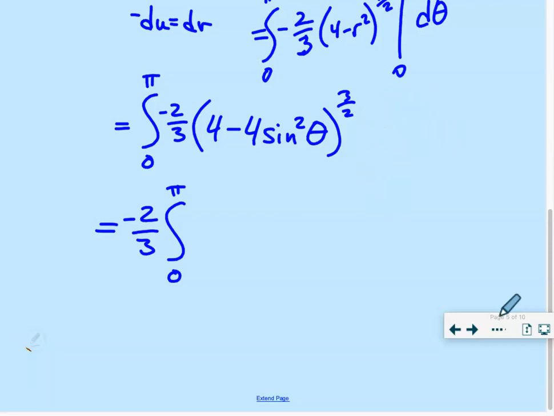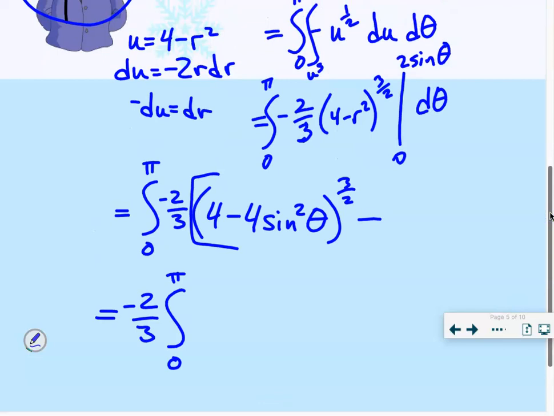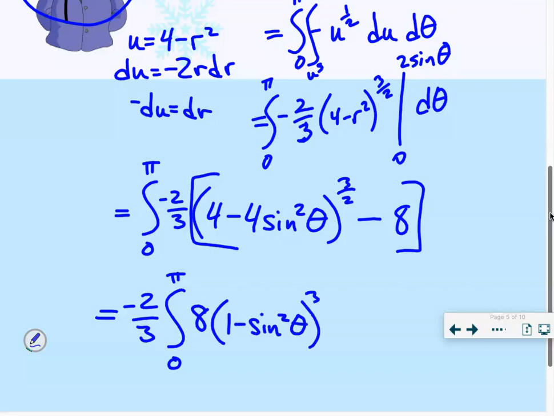You are so right. Okay. Minus, plug in the 0, so you get 4 to the 3/2, which is 8. Okay. Thank you. All right. So now, putting the negative 2/3 in front. If I pull a 4 out of both of these, I end up with 8 times 1 minus sine squared theta to the 3/2 minus 8.